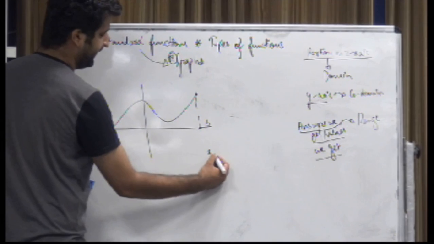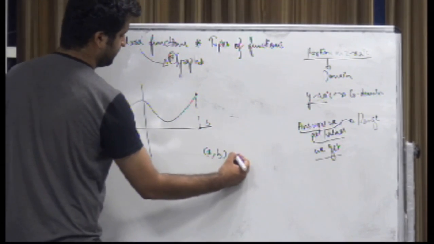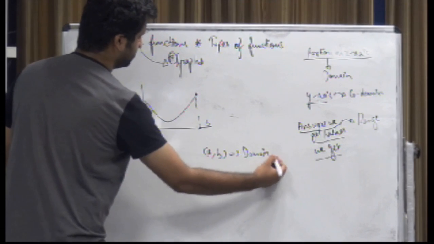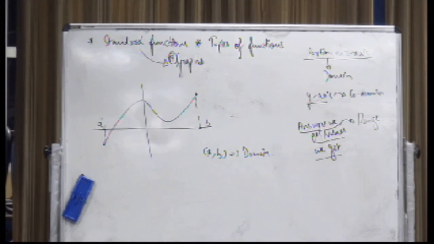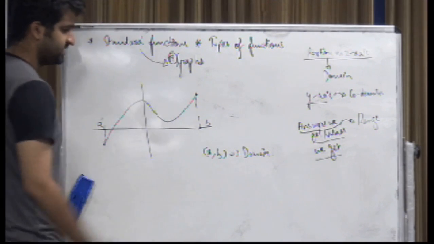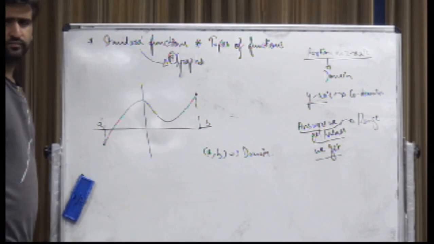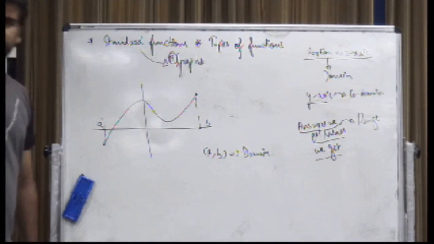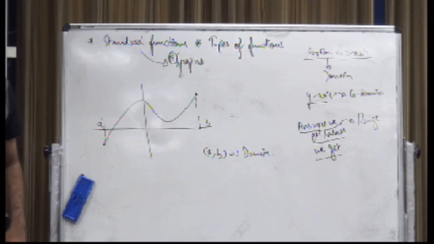So A to B interval is the domain, because these are the values of x we are putting, right? And we can say all the y-axis is its codomain. Actually, the domain and the codomain will be defined in the function, right?